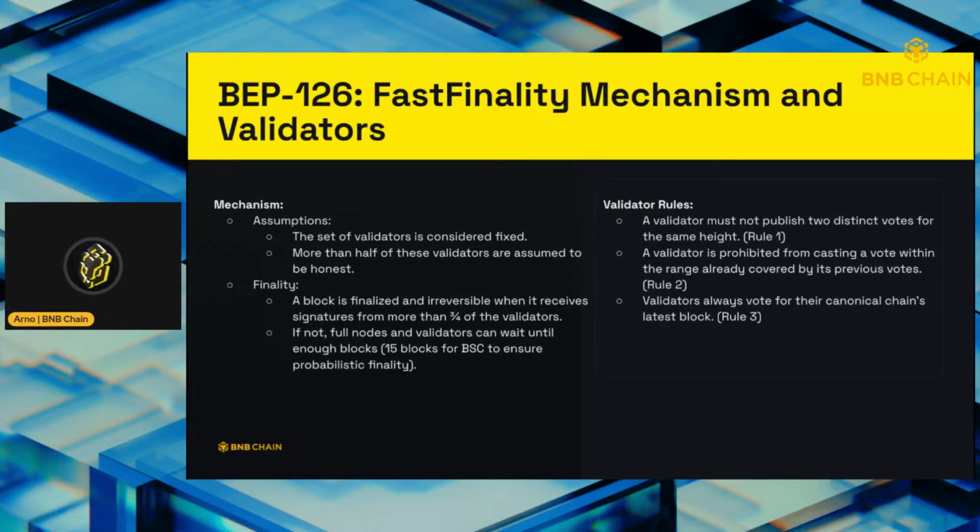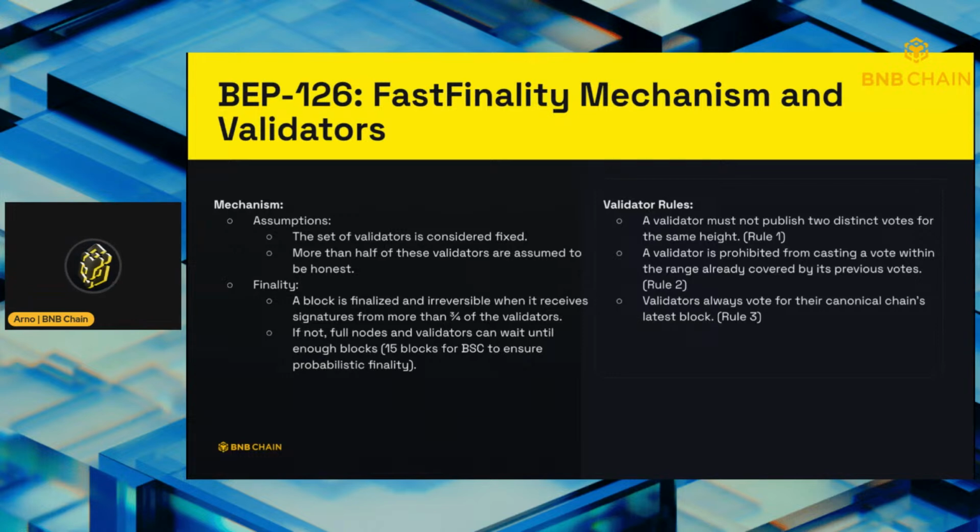So in terms of finality, we are assuming that a block is going to be finalized and irreversible when it receives signatures from more than 2/3 of the validators, which means that once a block has been pushed on chain, each validator needs to add their signature on top of it in order to validate this block.